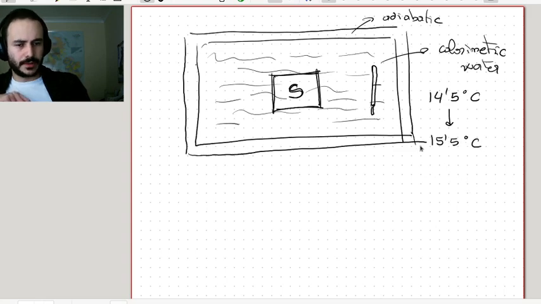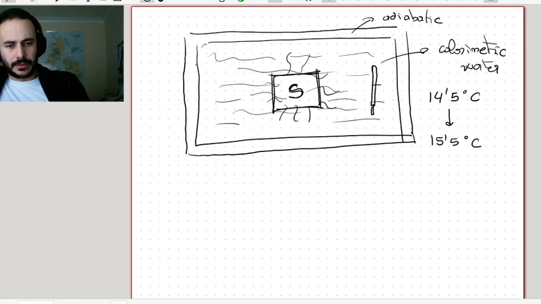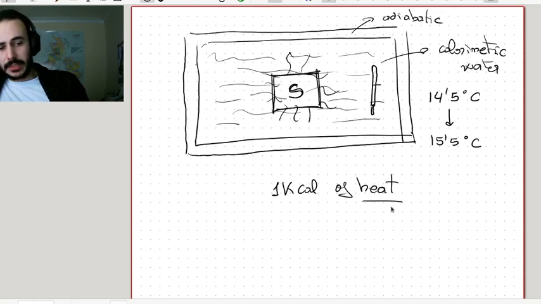So if this happens with a kilogram of water in your calorimetric water, then you say that the system inside has released into the water 1 kilocalorie of heat. I'm not telling you what heat is, I'm just telling you how you measure it, in which units you can measure it. On the contrary, if I have the reverse process in which the temperature of my calorimetric water goes down by 1 degree Celsius, then I claim that the system has absorbed 1 kilocalorie of heat.